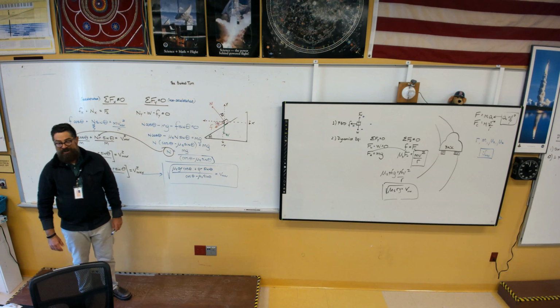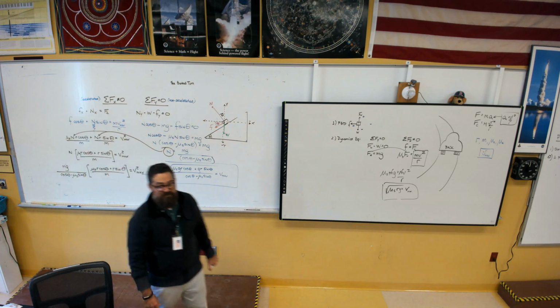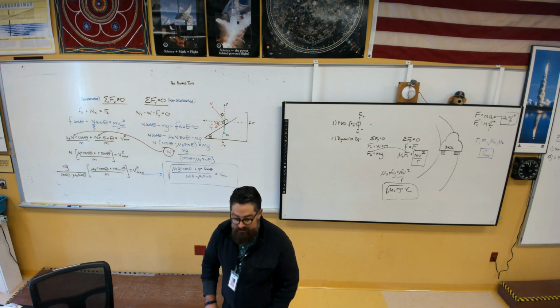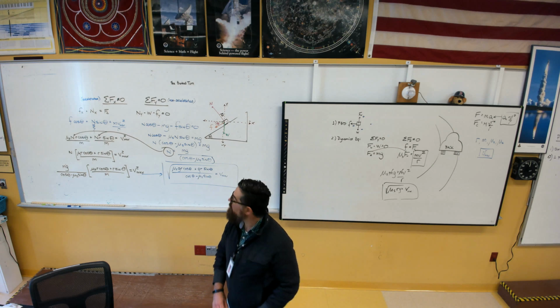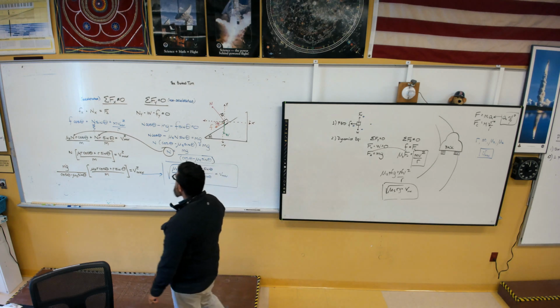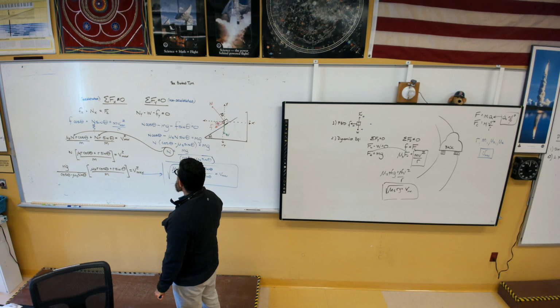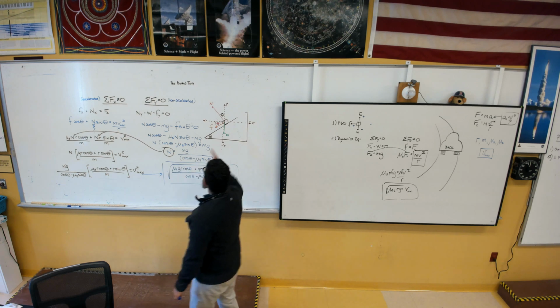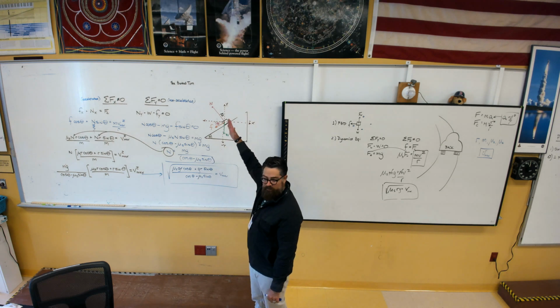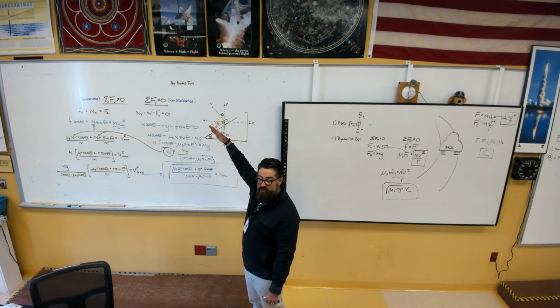Shani? Why did you develop an expression for n based on the y components rather than just taking the weight vector and doing the theta, the thing that you would normally do for something such as... So you're saying why don't we just rotate the coordinate axis like it was on an inclined plane?